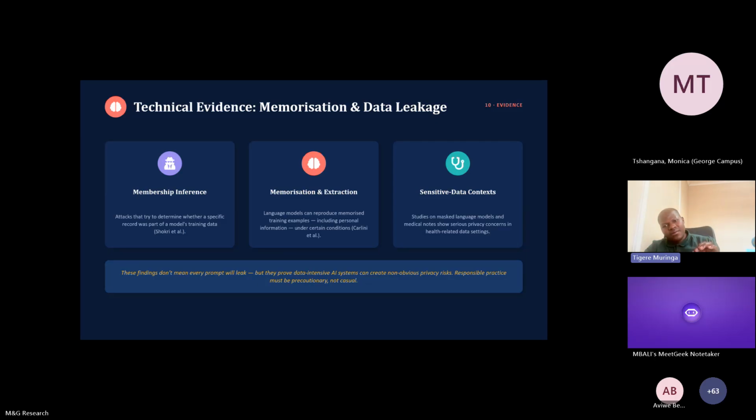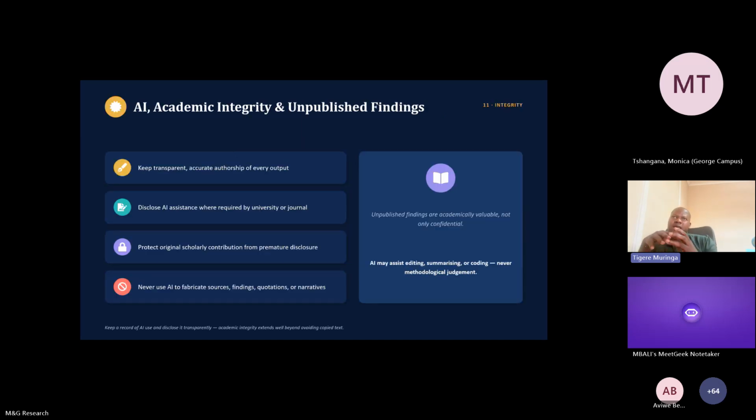Because what normally happens is that we run to put our unpublished findings and our incomplete chapters into these platforms, using prompts like fine-tune this one, make it clean, improve it, enhance it according to the supervisor's comments. And in that process, that platform has already accessed your information. So let's look at AI, academic integrity, and unpublished findings.